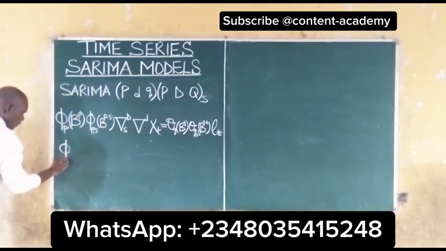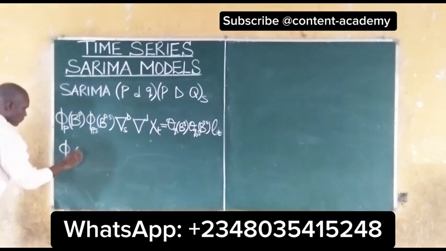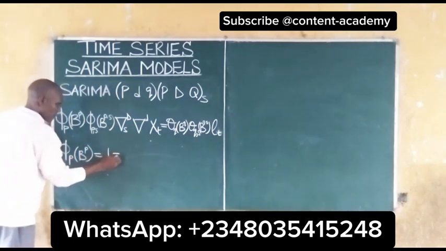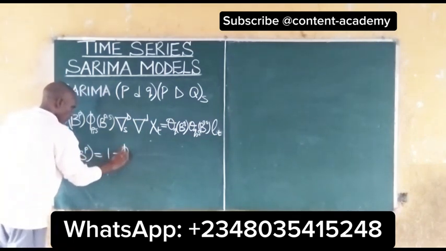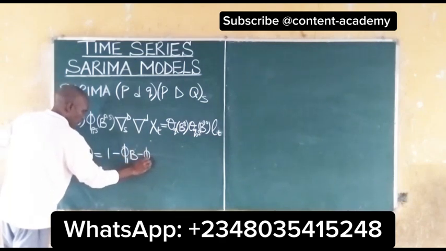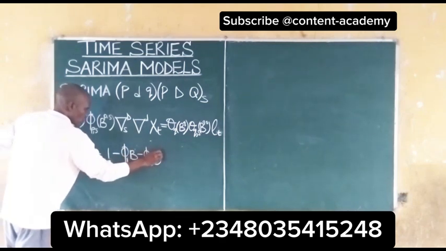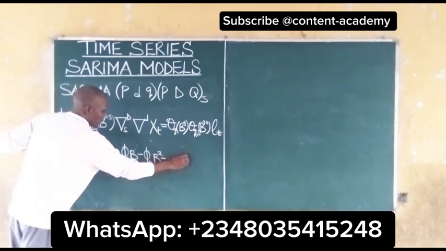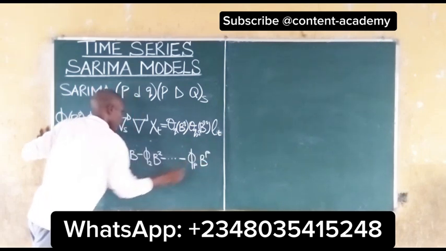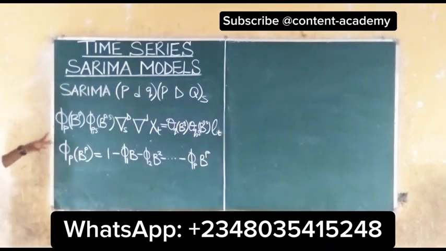Now, the phi p of B can be computed as 1 minus phi 1 B minus phi 2 B squared. It continues that way to give you phi p of B to the power p. So this is how this part is computed.